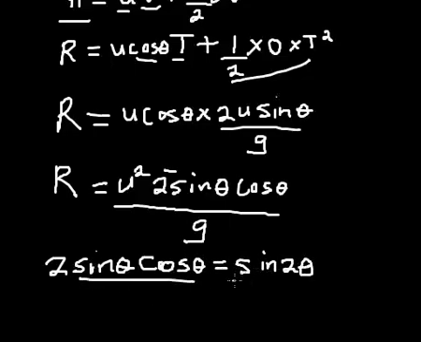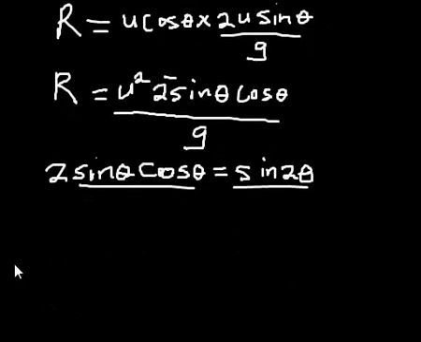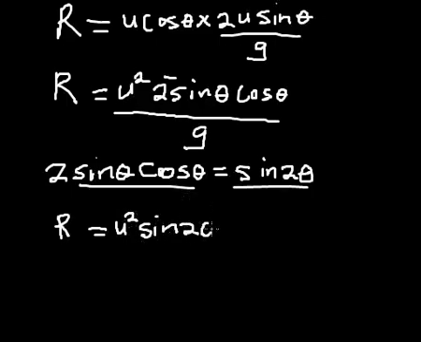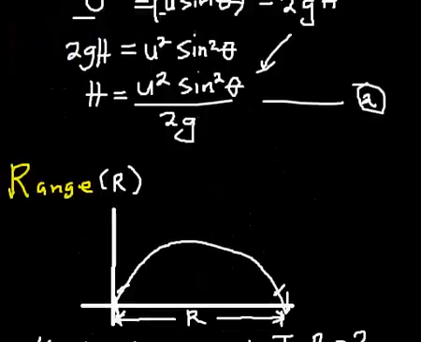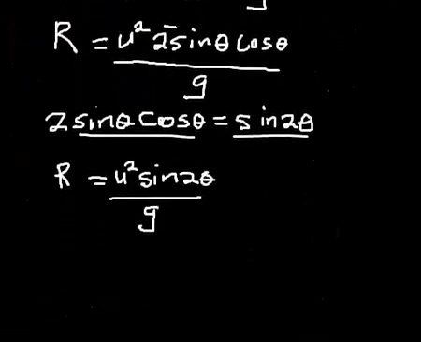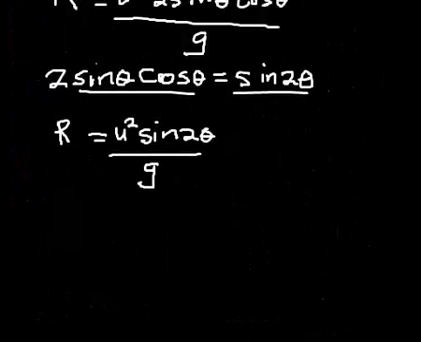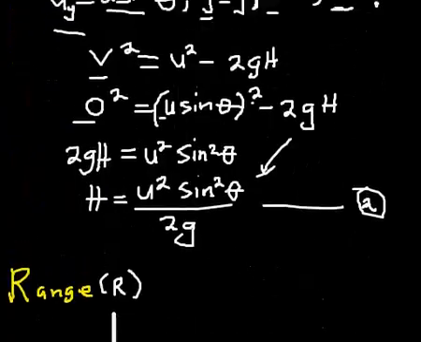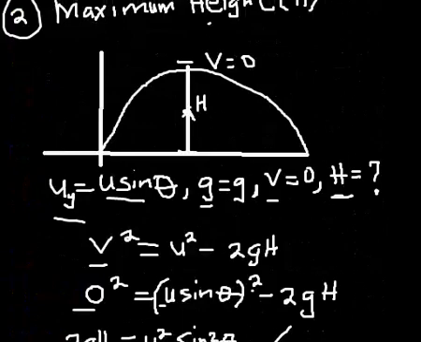So my equation now changes to range being equal to u squared sine 2 theta divided by g. So please take note of these three formulas. We're still going to extend it, but I'm interested in these three formulas because I want to solve questions with them.